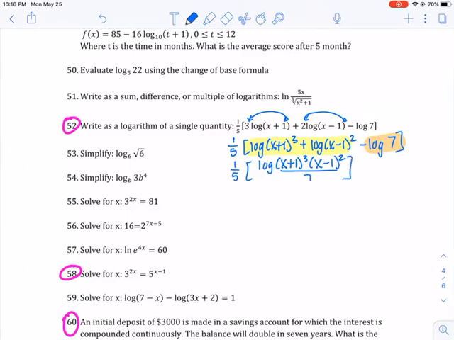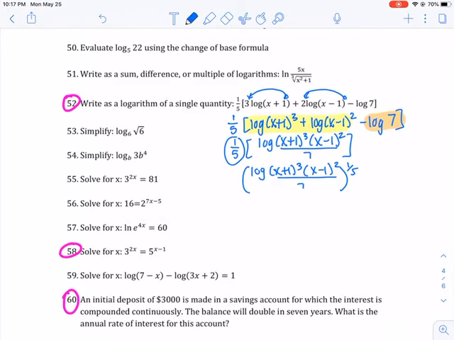Okay, and then the last thing we're going to do is take any other things that are out in front, like that 1/5. Now it gets to go and become an exponent. So you have all of this to the 1/5. Okay, and then 1/5 is the same as 5th root. So you could write it simpler as 5th root.